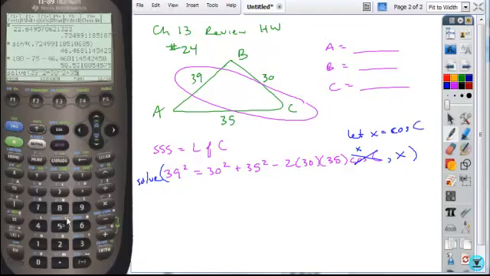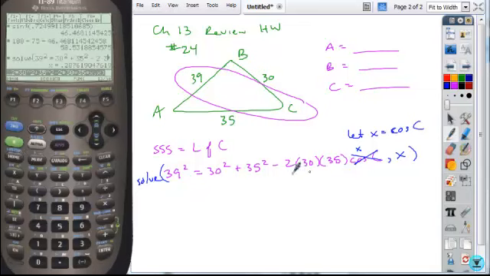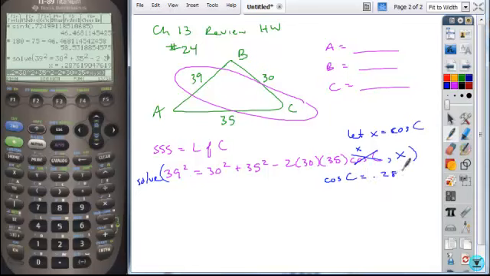So if I take the sum of the squares of these other two sides, subtract twice their product, and then multiply that by x, and remember, I'm letting x represent this entire cosine of C expression. When I solve for x here, I'm going to put it in decimal form, so I'm going to hit my green diamond button. So this tells me that the cosine of C, my x value, is 0.288.